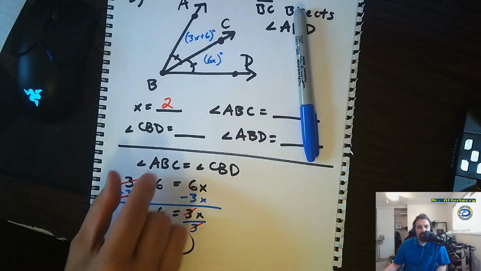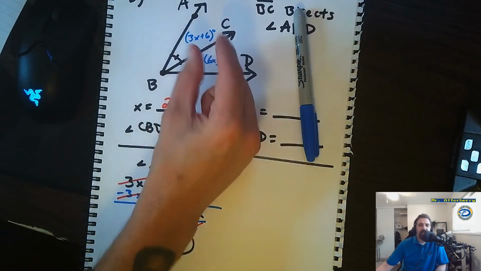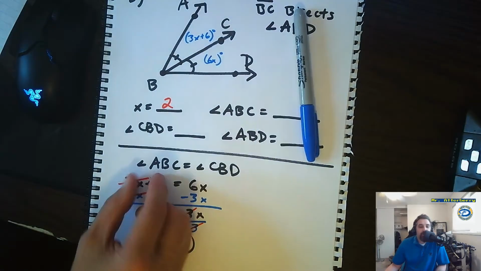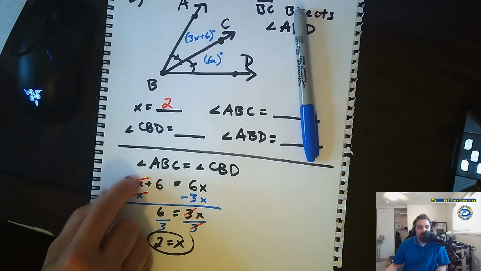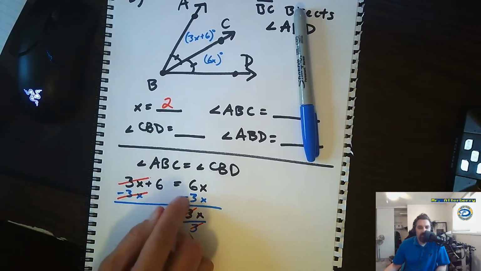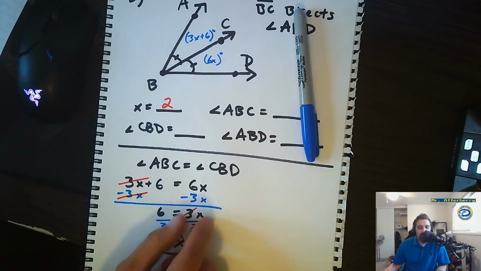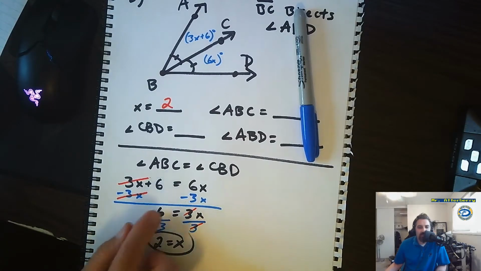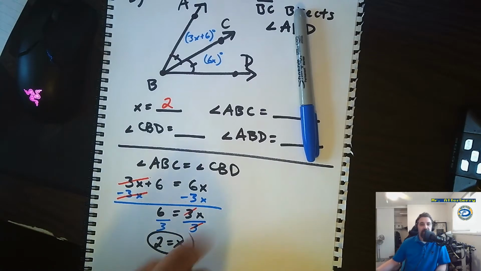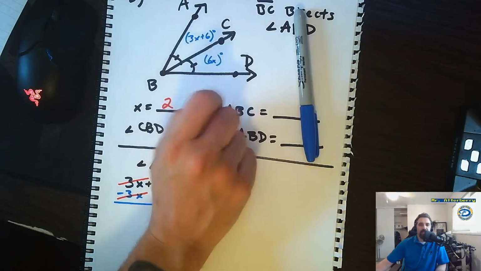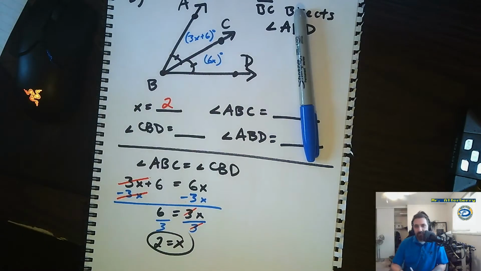By setting the left side equal to the right side and solving it, I subtract 3x from 6x and get 3x. Divide by 3 on both sides, I get 6 divided by 3, which simply equals 2. Now I'm going to plug that 2 into both 3x plus 6 and 6x and see what we get.